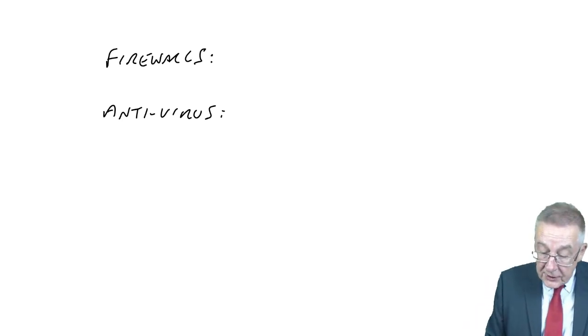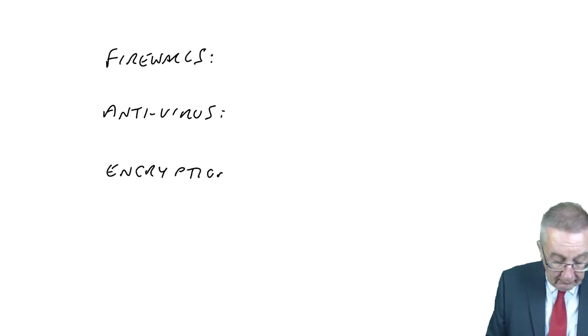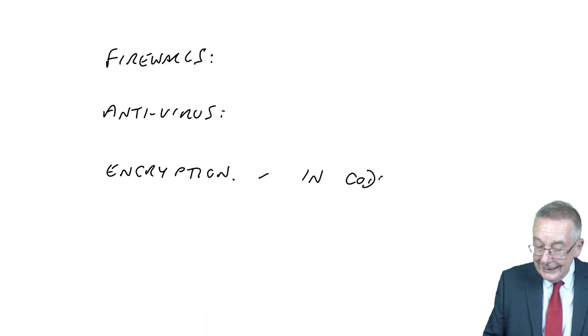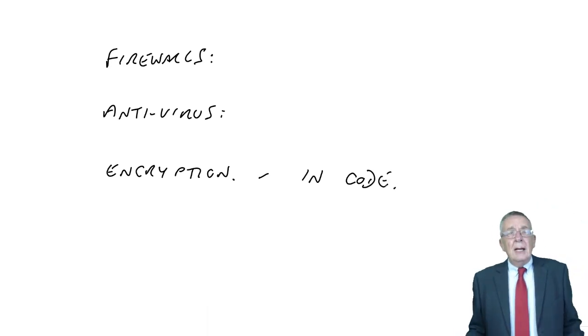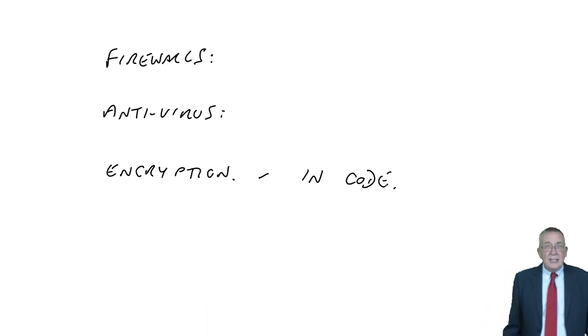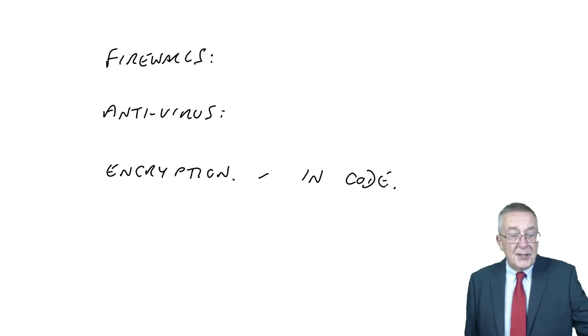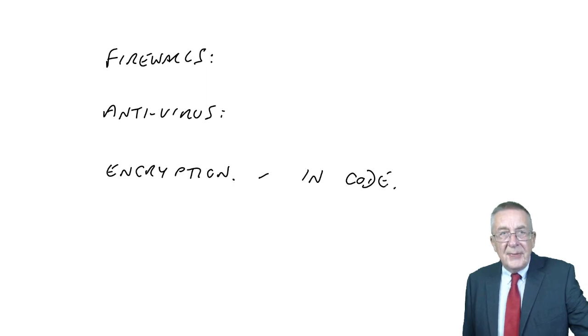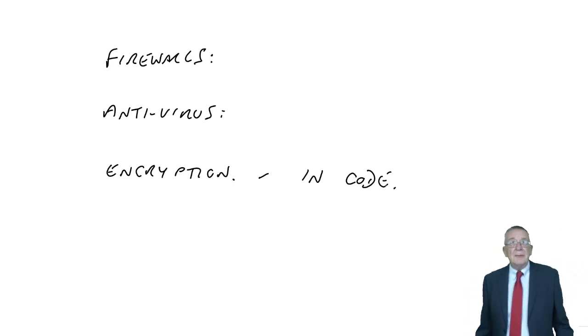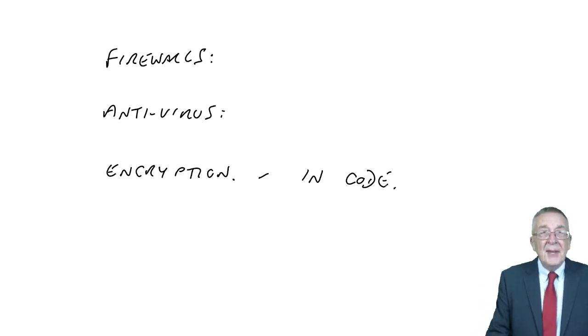And finally, encryption. Encryption is where things are in code. And so, whatever steps we take to prevent people breaking into our system, nothing's perfect. You've heard of hacking. People find ways of getting in.